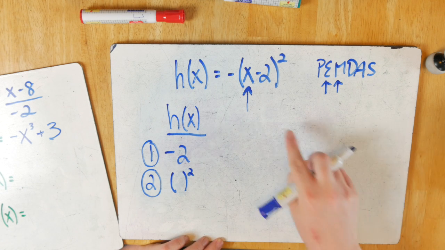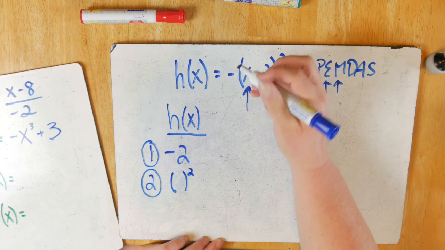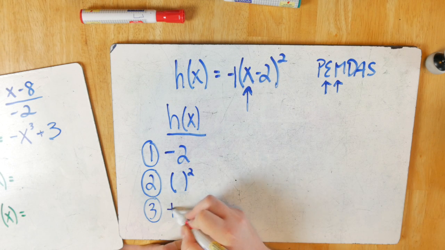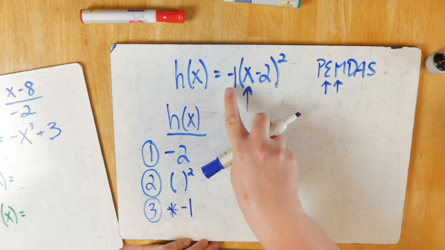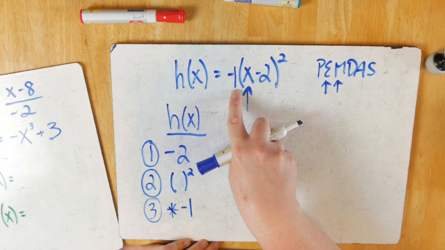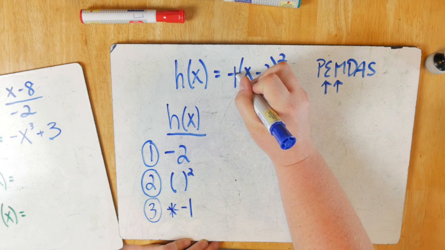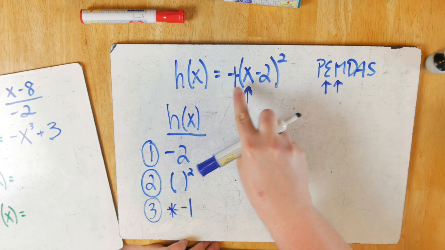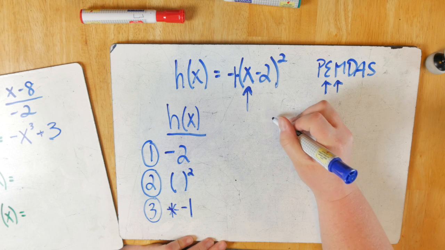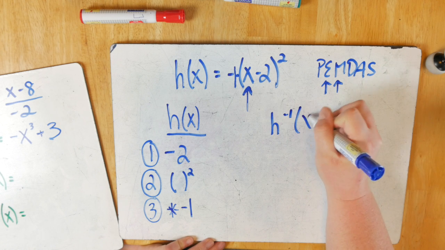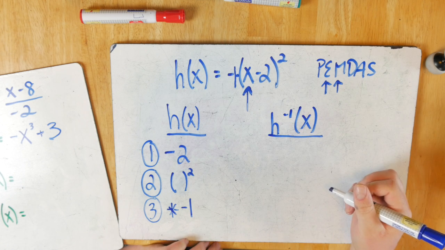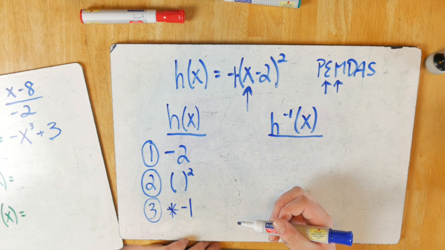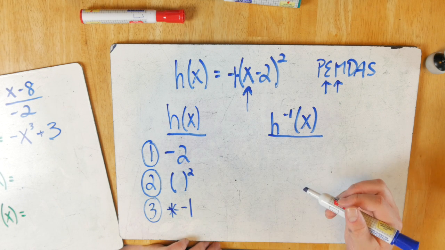And then the last thing that we would have to do is multiply by -1, because that negative could be a -1. It was just invisible. We weren't bothering to write it, but what's happening is all of this is being multiplied by a -1. And so for the inverse, we have to inverse all of these operations, and we have to reverse the order.